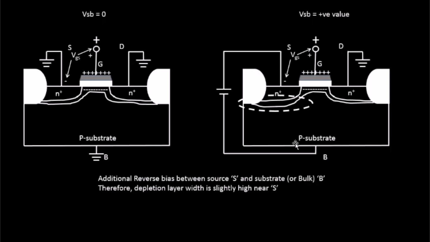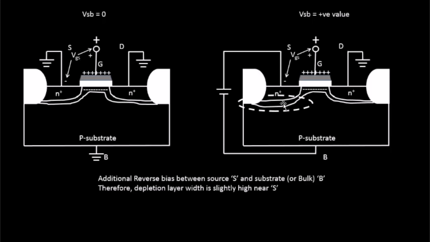For example, the p-type substrate area was supposed to be covered with a lot of holes, but because of the negative potential applied here, or to put it the other way around, due to the positive terminal over here, it will repel the holes and create a depletion region.